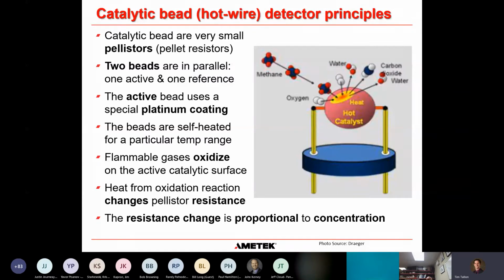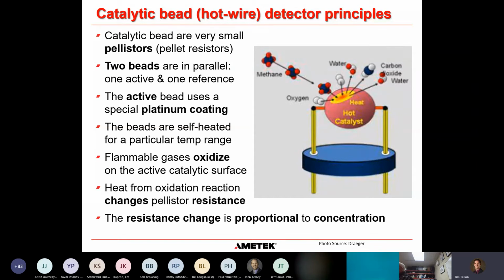And the active bead uses a special platinum coating to give it catalytic properties. And it's the nature of those pelistors, because they're so small and they're resistors, they're naturally self-heated, and they're heated to a particular temperature range. And that's what gives them the characteristics of measuring for that zone of reactivity for combustibles or for methane.